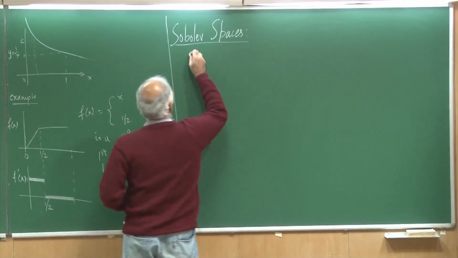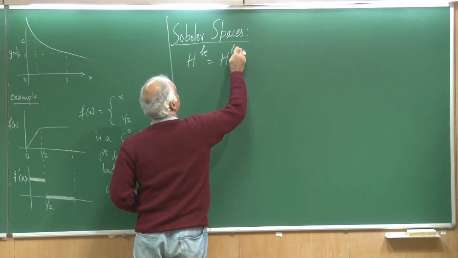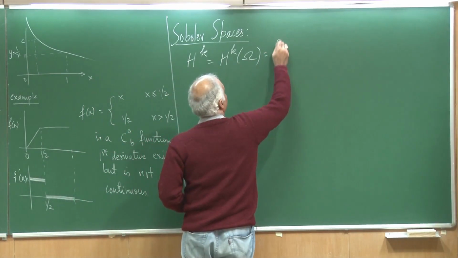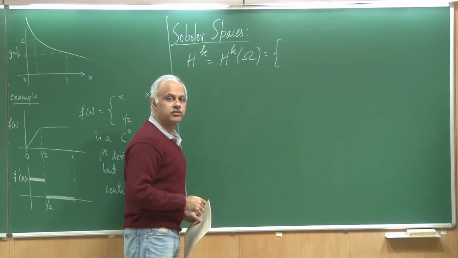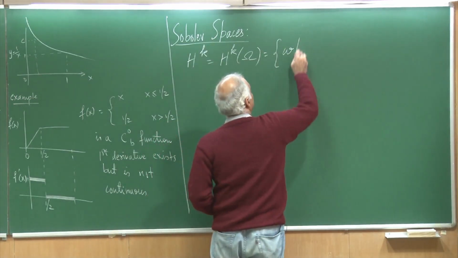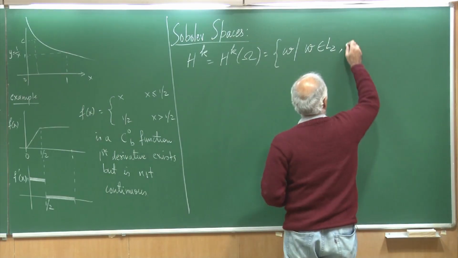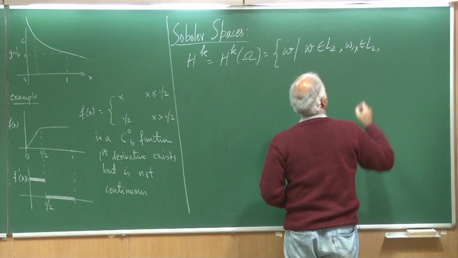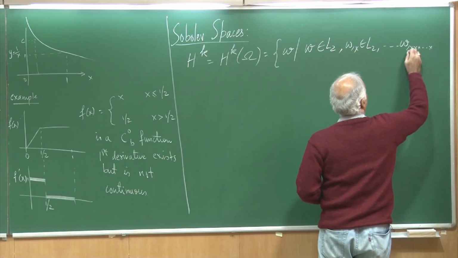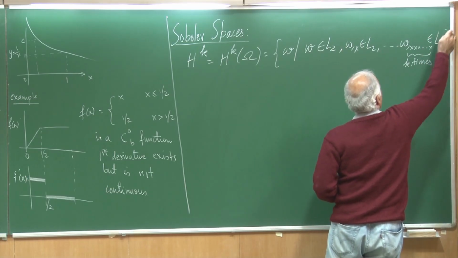Let's define Sobolev spaces as spaces of the order K. These are defined on the domain omega such that this is a space of all those functions W, let's say W is a function of X such that W belongs to L2, W comma X belongs to L2, and so on, and W comma X, X, X, K times also belongs to L2.